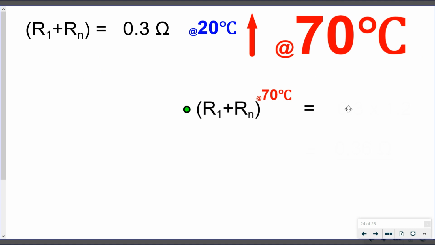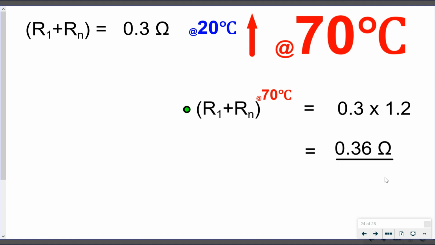So this time, rather than multiplying by 0.8, taking that 0.2 off the 1 factor, we apply a factor of 1.2, because our cables are measured at 80% of their 70 degree C value. So we take that 0.3 of an ohm and multiply it by 1.2 to bring it up to 70 degrees C. We now have an R1 plus Rn value at 70 degrees C of 0.36 of an ohm.